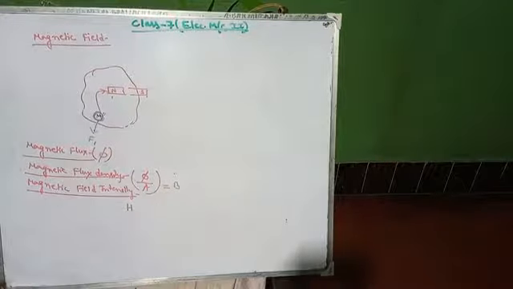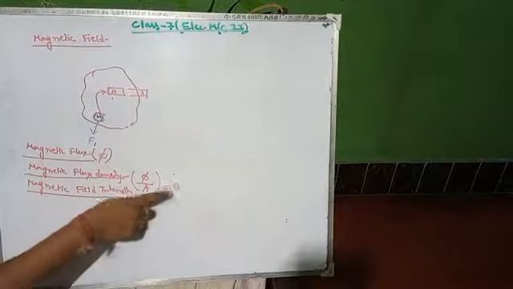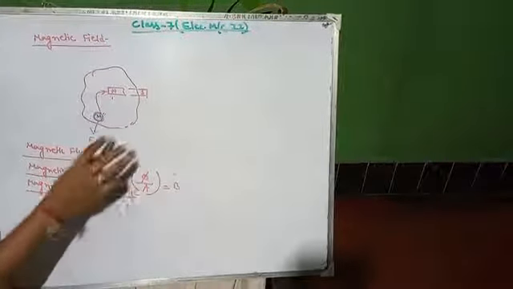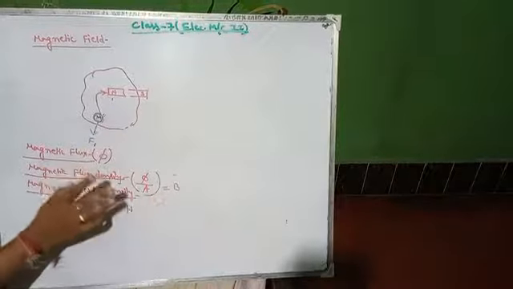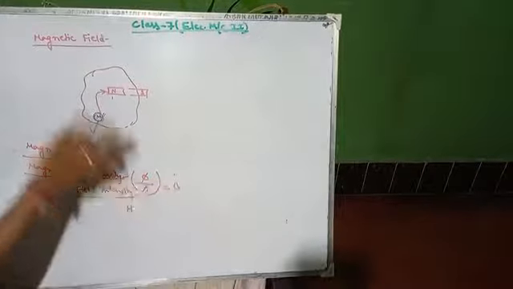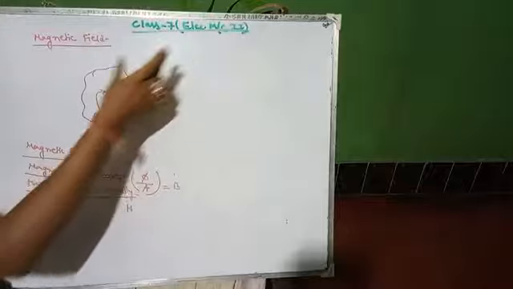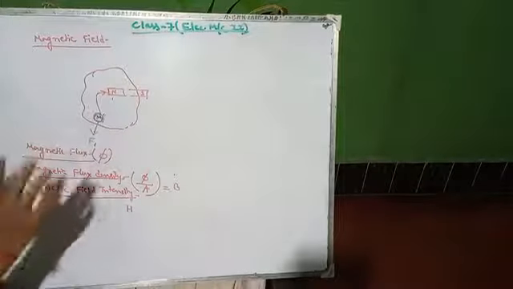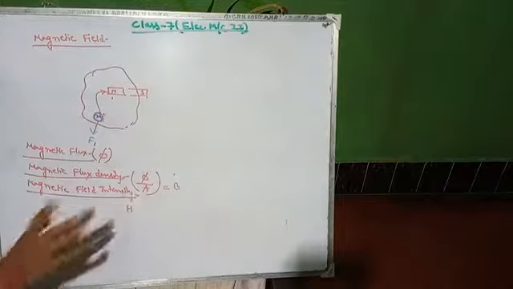Though H is a vector parameter, B is a vector parameter, A itself is a vector parameter, we need not put any vector sign, because in this subject, electrical machines, we are taking only the magnitude of it.